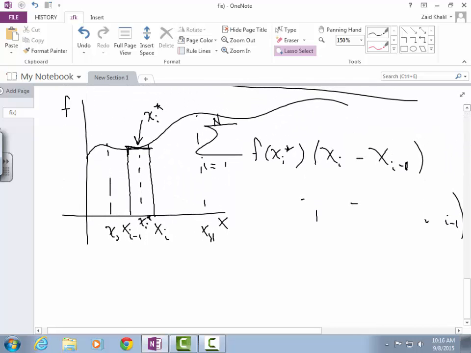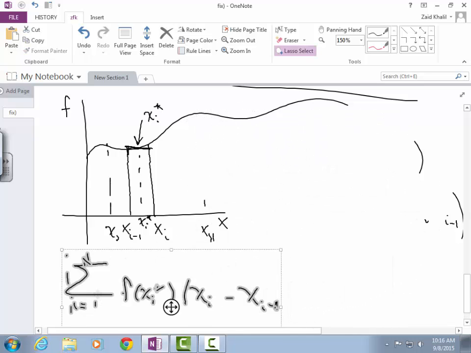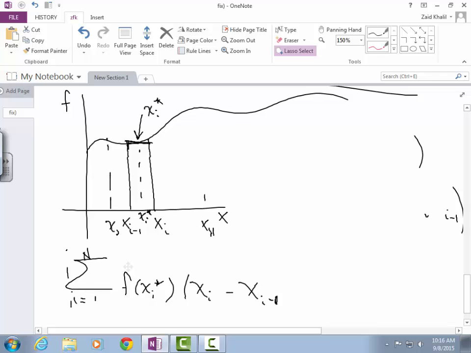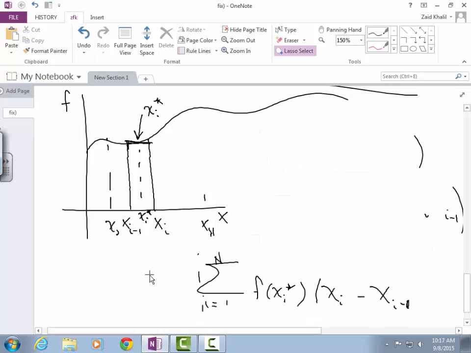And now I'm going to lasso this and move it down here. So then I'm going to put the limit here. It's going to be the limit as n goes to infinity, and that's equal to the area.